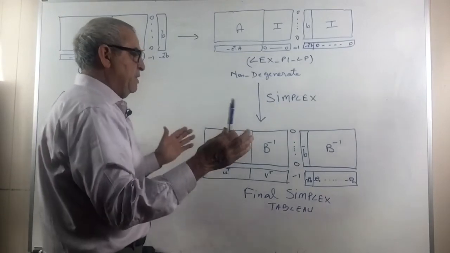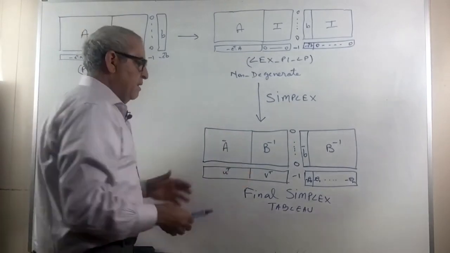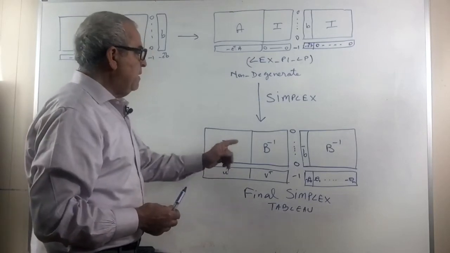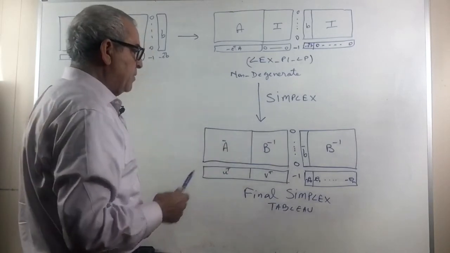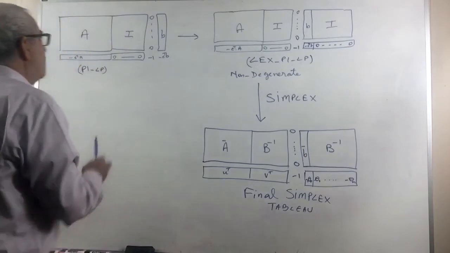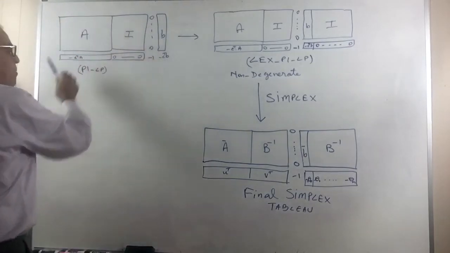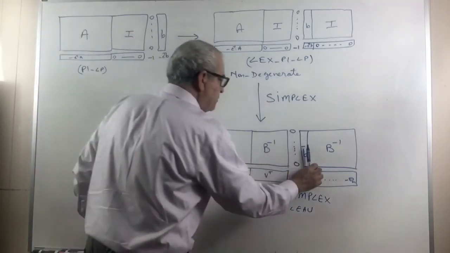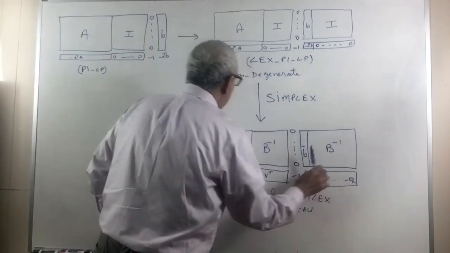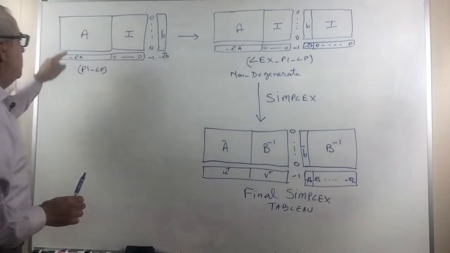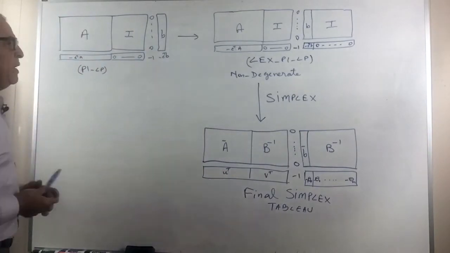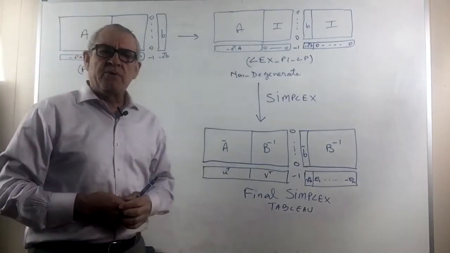And then we have an interval where this would be the final simplex tableau for the epsilon LP for each epsilon in that range. And of course, it's also the final simplex tableau for the P1 LP. And all I have to do is take this part off, and that will be the final simplex tableau of the phase 1 LP. So now all we have to do is analyze the results.